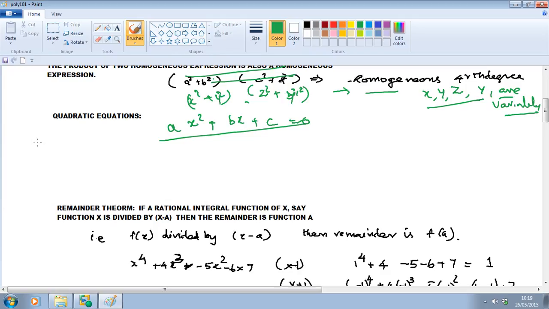The general form of this is ax square plus bx plus c, where a, b, c are all constants.